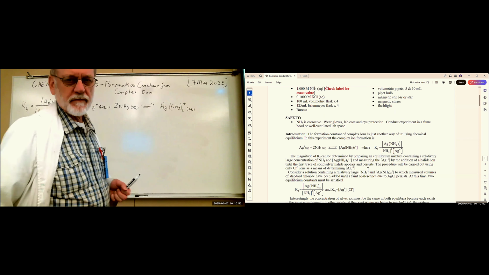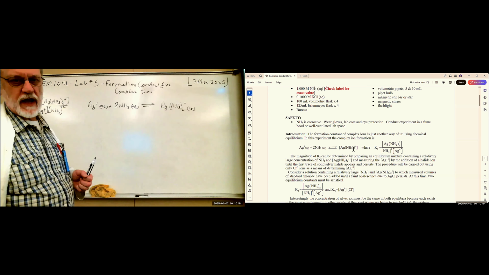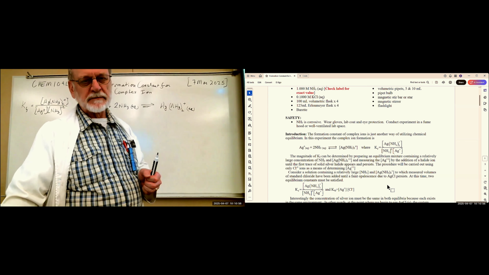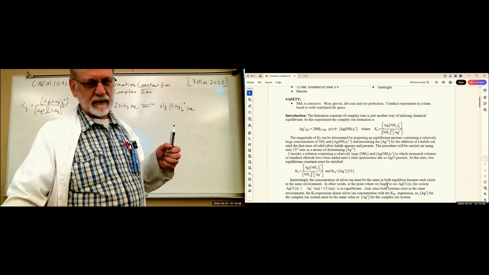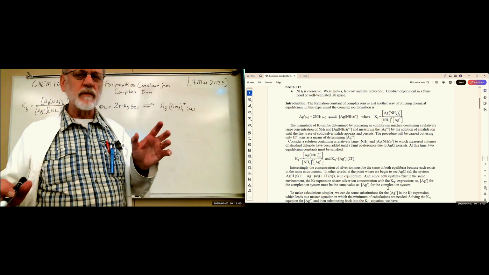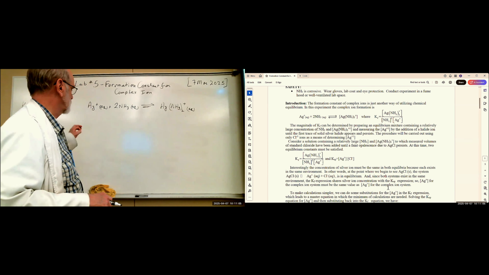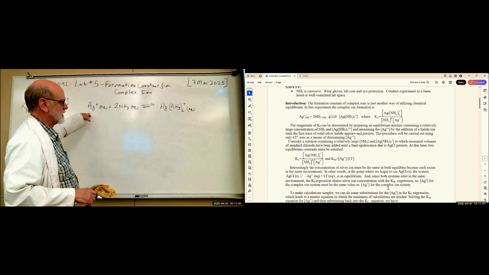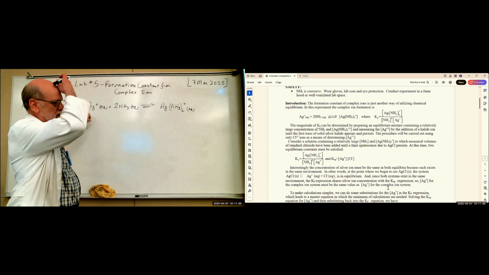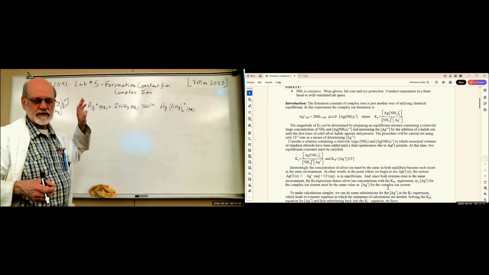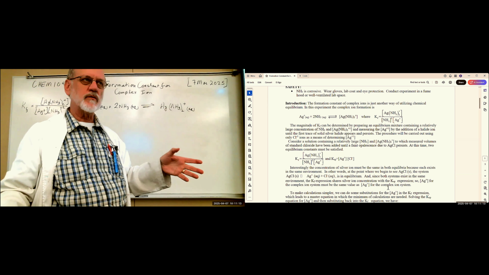So there's the reaction for the formation constant. What we want to do is solubilize the silver chloride that we put in solution. We put in so much silver chloride in solution, then we solubilize it with ammonia.